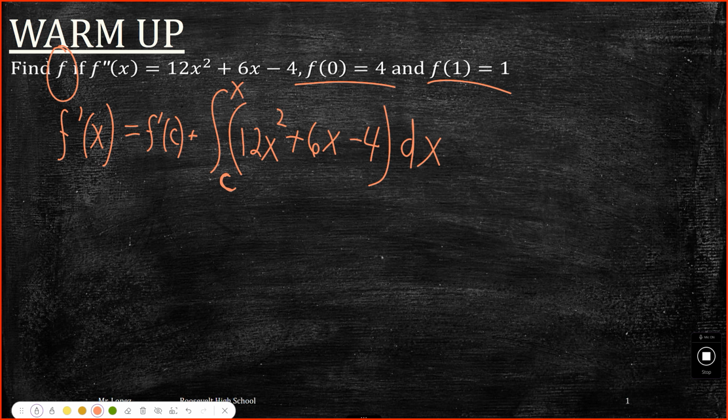So if we integrate, what will be the integral of this? Let's integrate it, at least for right now. What's the integral of this? That'll be x to the third, 4x to the third, and this would be 3x squared minus 4x.